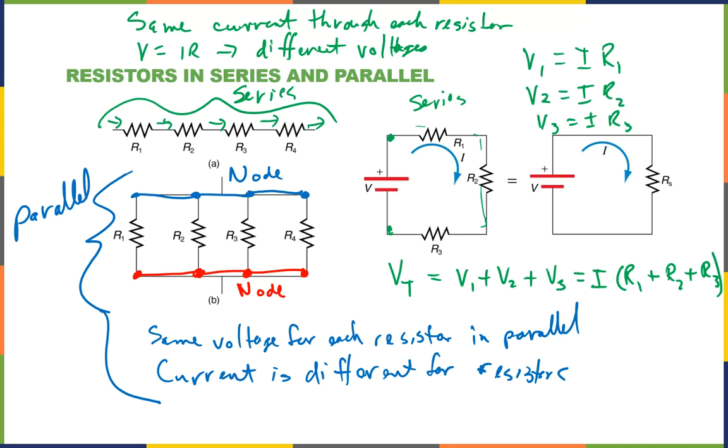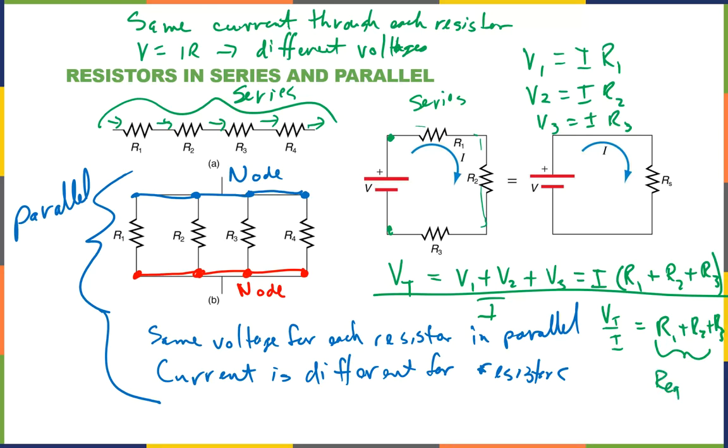Well, according to Ohm's law, V over I is equal to the resistance. So if I just take this final equation and divide everything by I, then I have V total over I equals R1 plus R2 plus R3. And that there is what we call equivalent resistance.